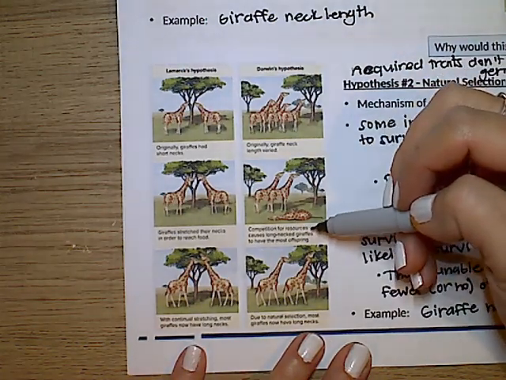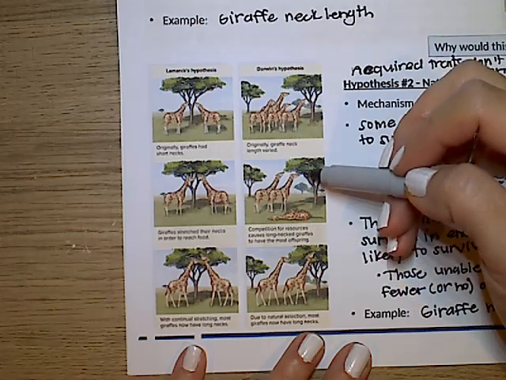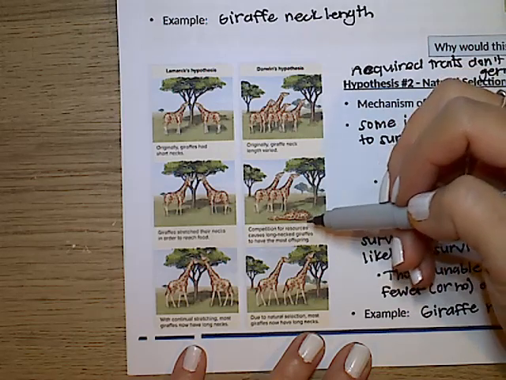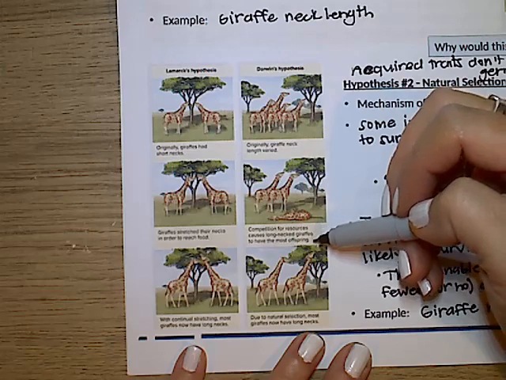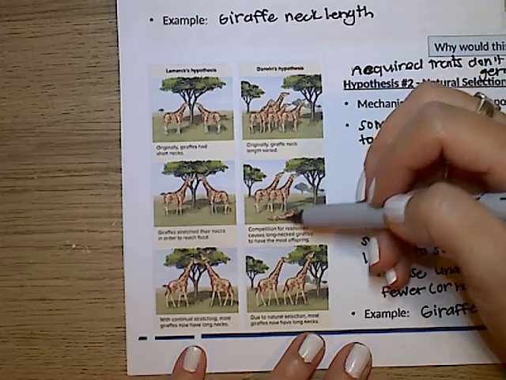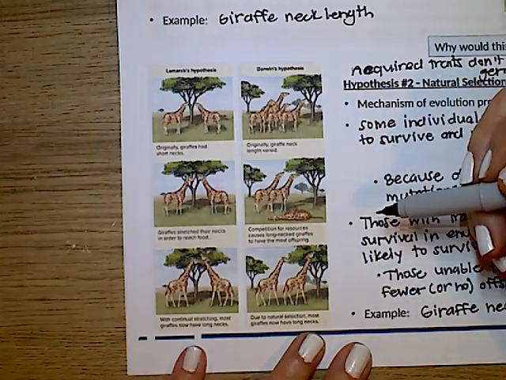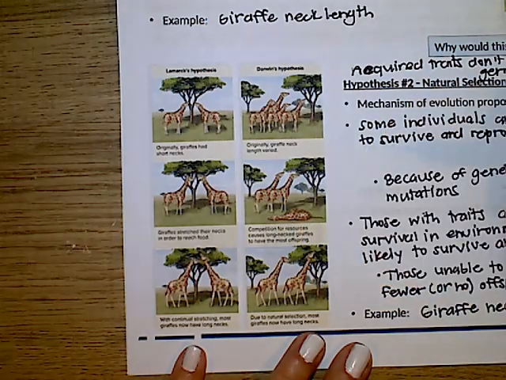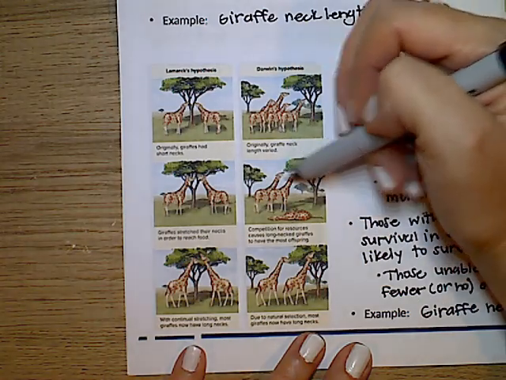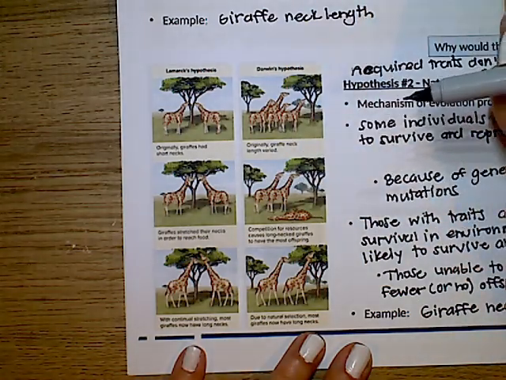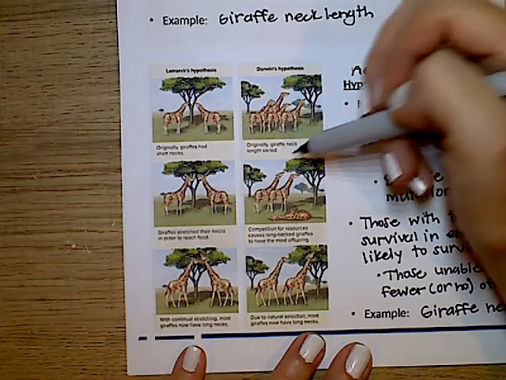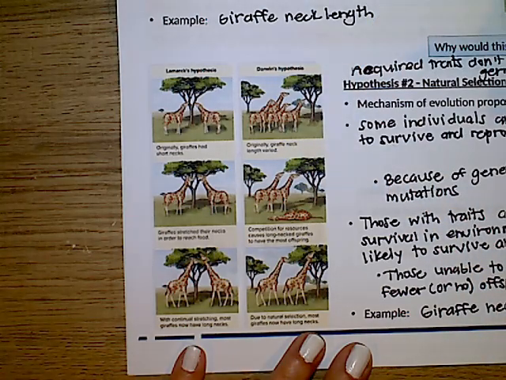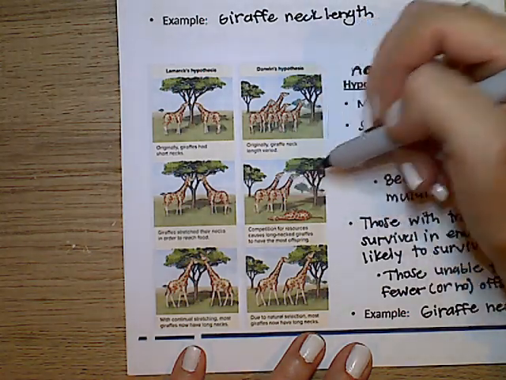In Darwin's hypothesis, because there's a competition for resources, for food, this causes the long-necked giraffes to have the most offspring, because this poor little short-necked giraffe is going to die before he or she can reproduce and have offspring, and they don't pass on their short-necked genes. However, these two, with a gene for a long neck, are able to get the food so they can survive long enough to reproduce and pass on the gene for longer necks.